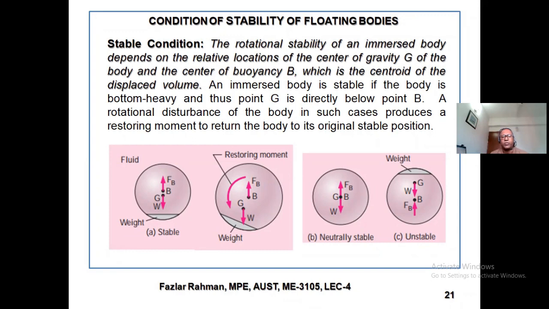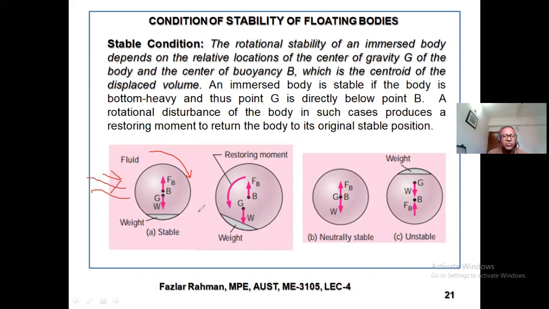Now, this body, for any reason, say you put it in the water, it can roll left or right, any side. So if it rolls a little bit in the right direction, say due to a wave coming from this side with sudden high velocity, the body becomes inclined.